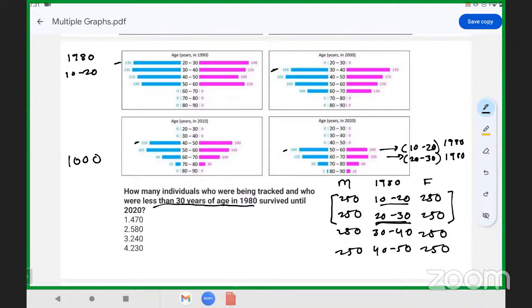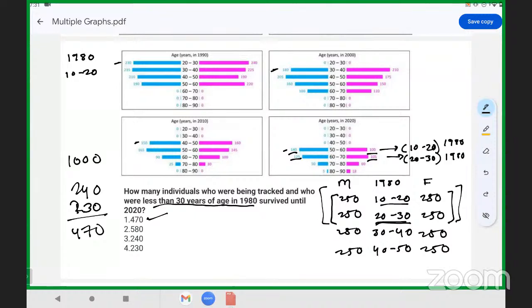For 50 to 60, that is 140 plus 100 becomes 240, and 125 plus 105, that is 230. So the total number of people alive from this 1980 batch, which is the 1,000 people set from 10 to 20 and 20 to 30, which have now become 50 to 60 and 60 to 70. So the answer is 470.